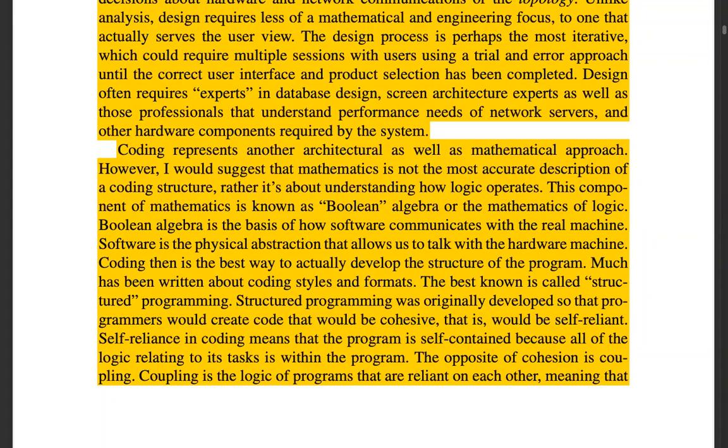Much has been written about these coding styles and formats, and you also know about structured programming and object-oriented programming. Structured programming was originally developed so that programmers would create code that would be cohesive and self-reliant. By self-reliance, we mean that the program is self-contained, because all of the logic relating to its task is within the program.